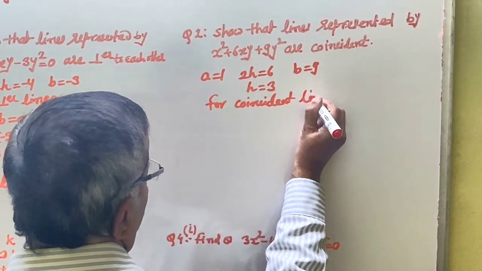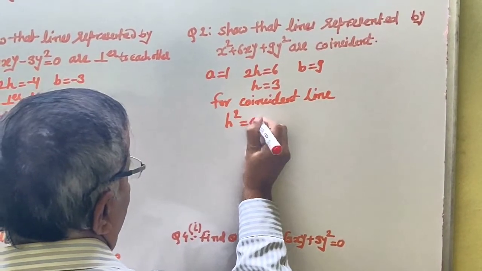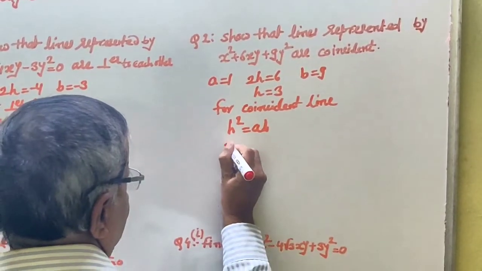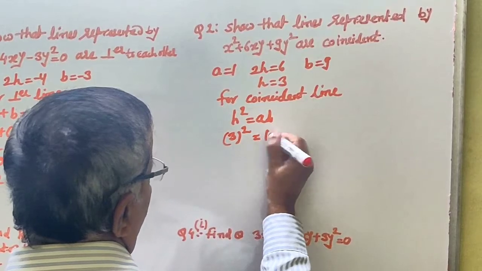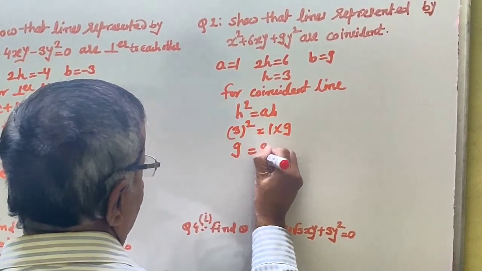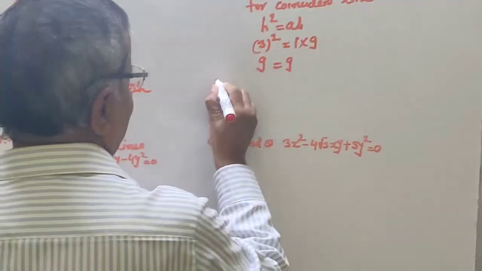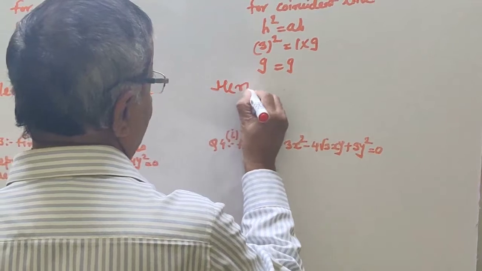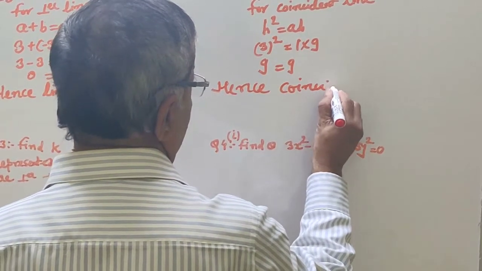What is the condition for coincident lines? h square is equal to ab. Okay. Now I will substitute the values. What will I get? 3 square is equal to 1 into 9. 3 square is 9 is equal to 9. Hence, the lines are coincident. Okay. This is proved.